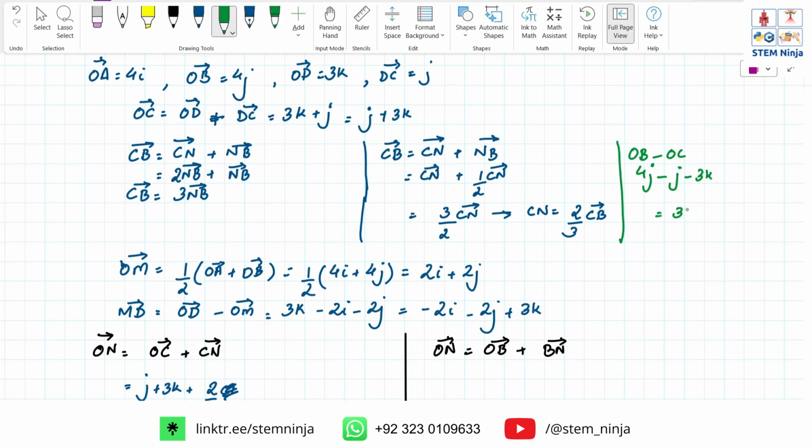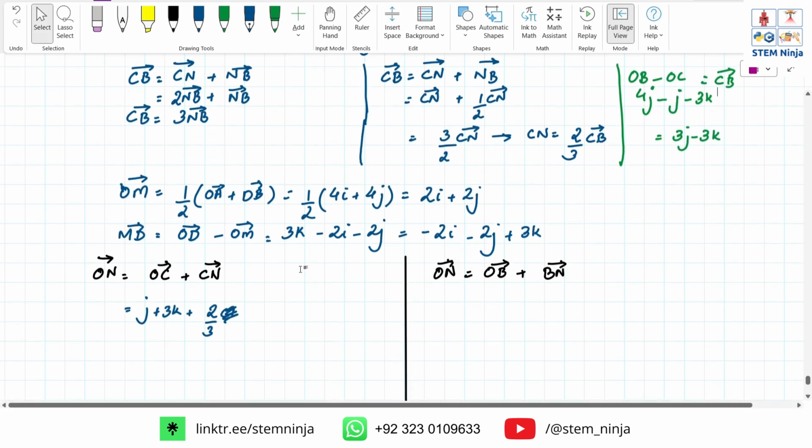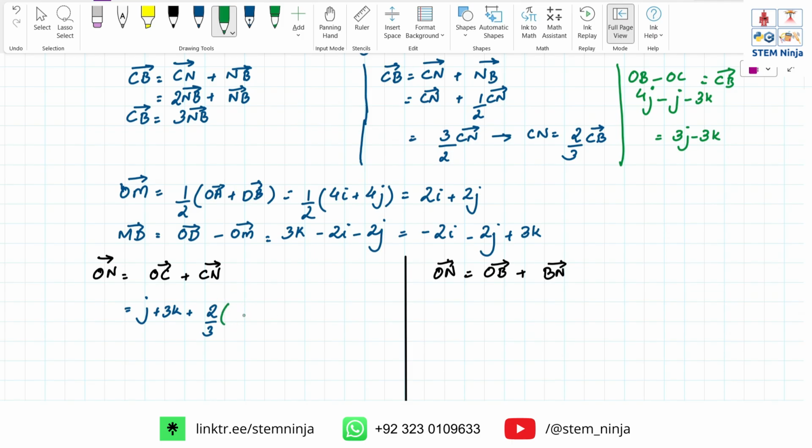So this is 3j minus 3k. So this is CB. So 2/3 of 3j minus 3k. We will get j plus 3k plus, the 3 cancelled, so you will get 2j minus 2k. So j plus 2j is 3j, and 3 minus 2k is plus k.